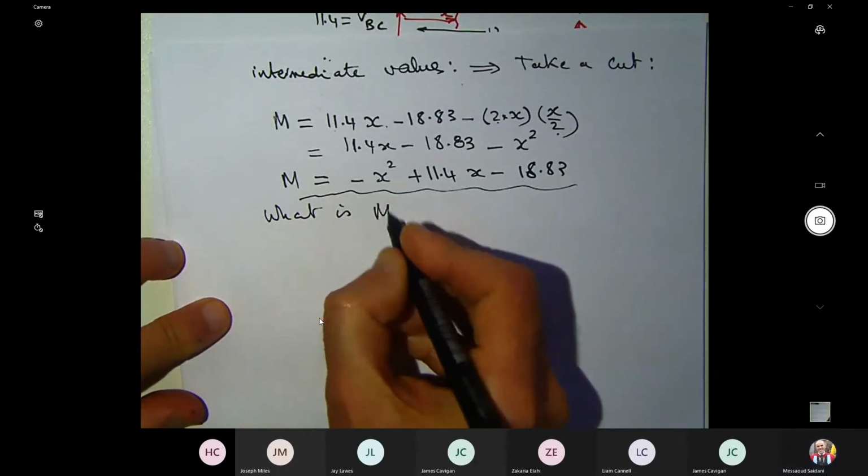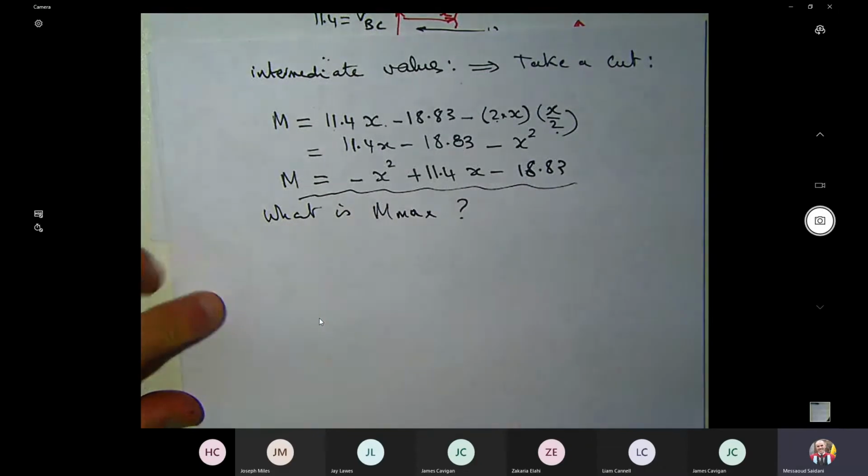What is M max? Have you all done a previous structural mechanics or structural analysis module sometime? The maximum moment corresponds to what? I think I did say it last week. The shear zero, isn't it?